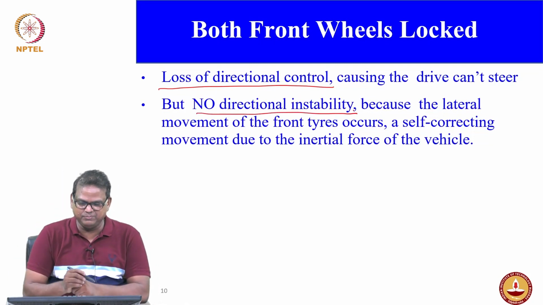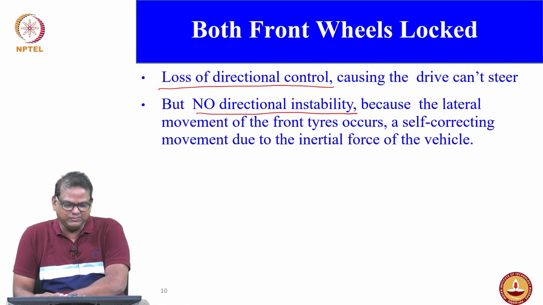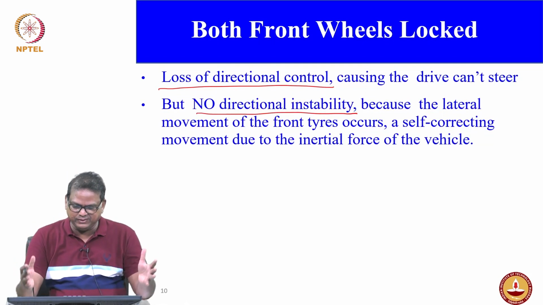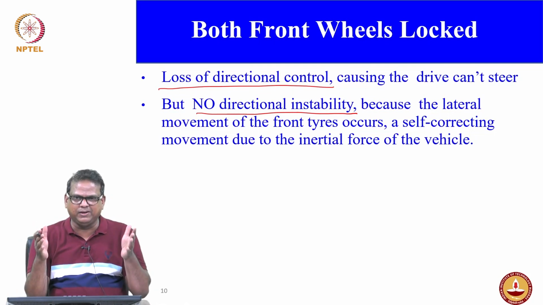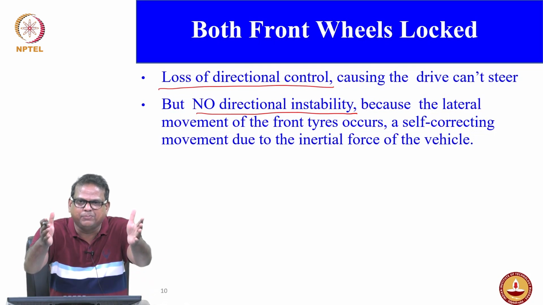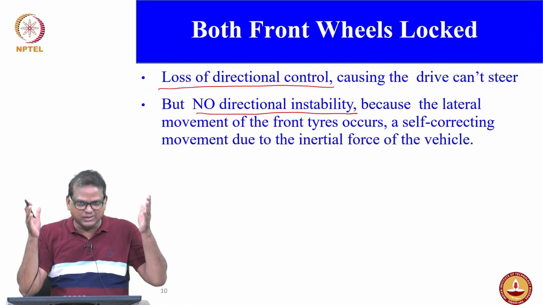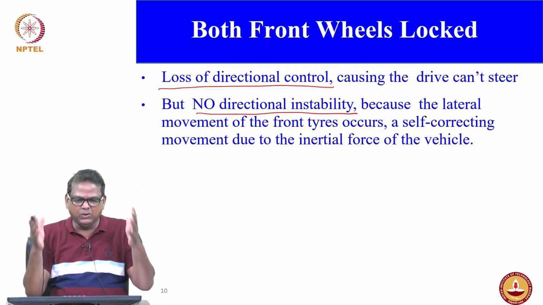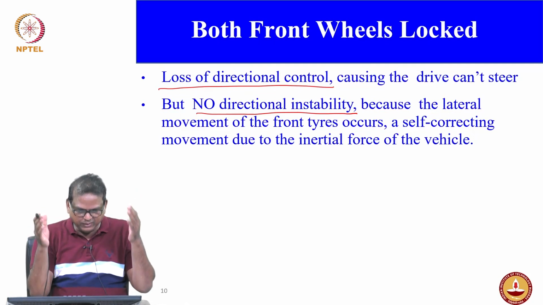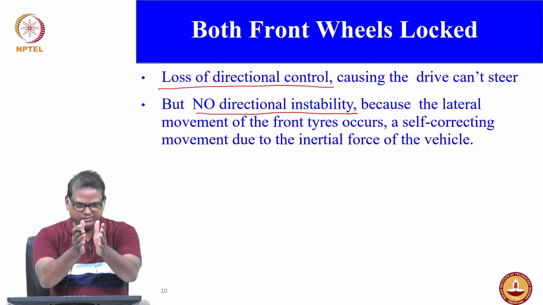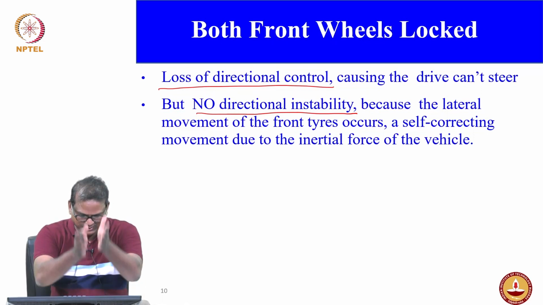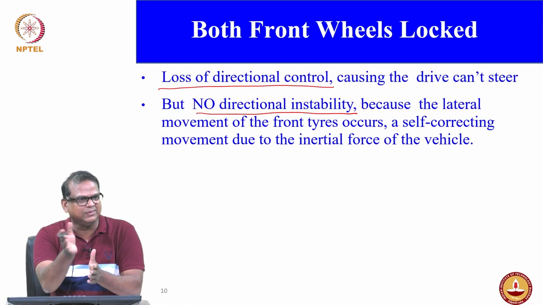I will tell you what it means. Because of the lateral movement of the front tire, there is a self-correcting movement due to the initial force that tries to push the vehicle into a straight path. So when the front axle is locked, the vehicle is allowed to move straight along the direct path, but it won't move to the right or left.